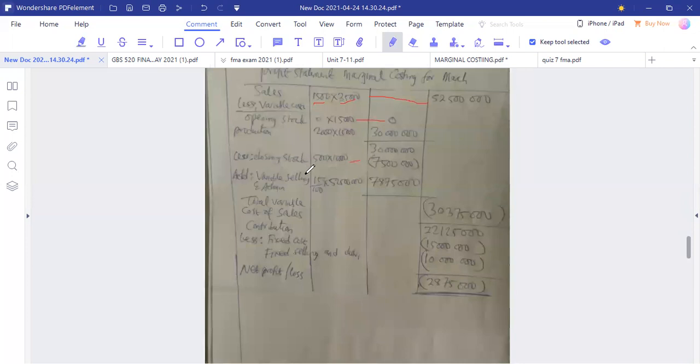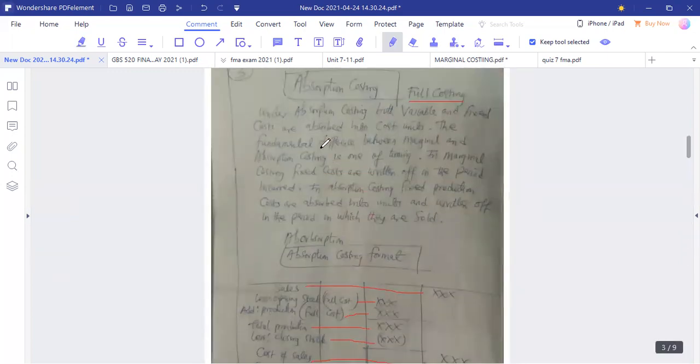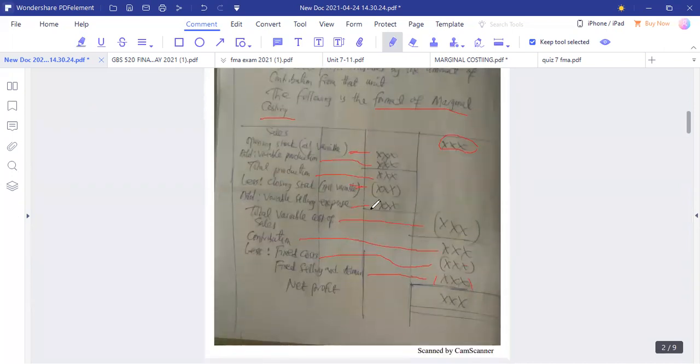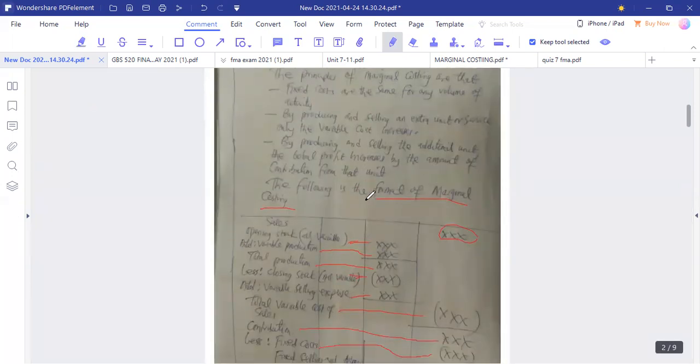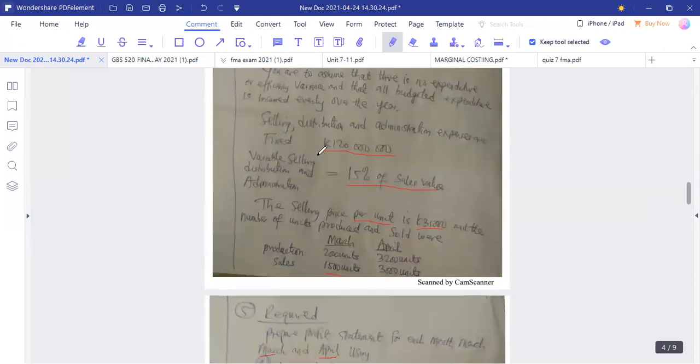Then add variable selling expense. So variable selling expense will be added from the format which was given here. And the variable selling expense from the question, it has been stated that it is 15% of sales figure.